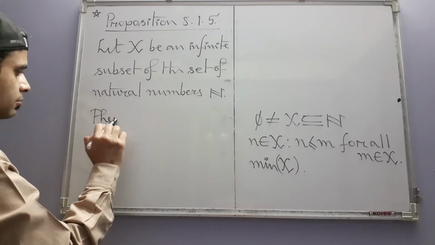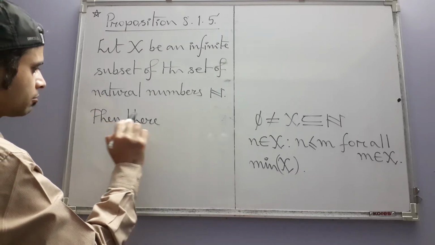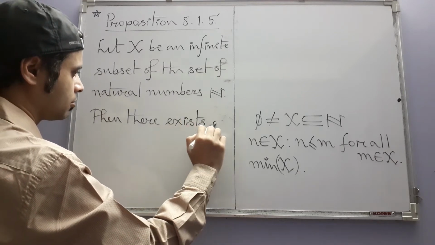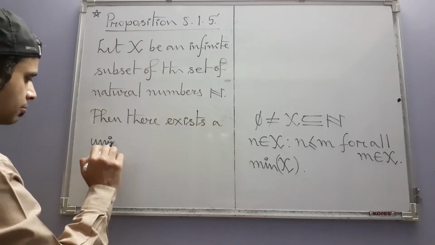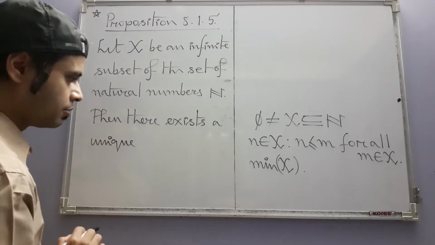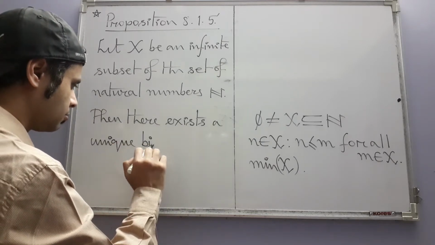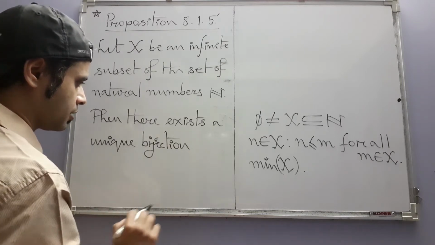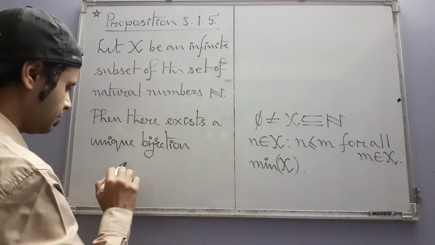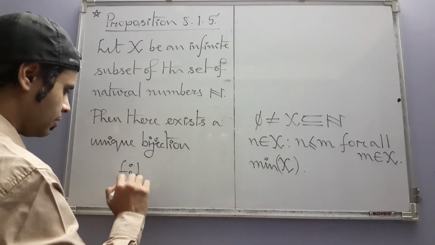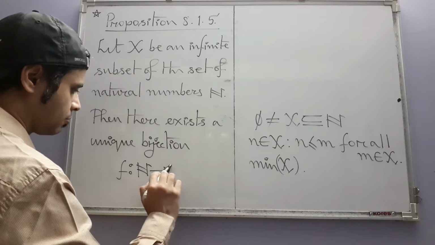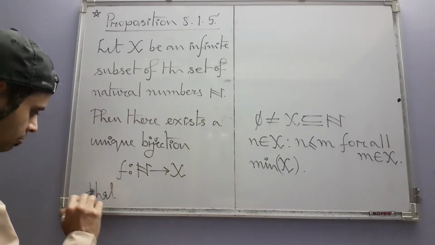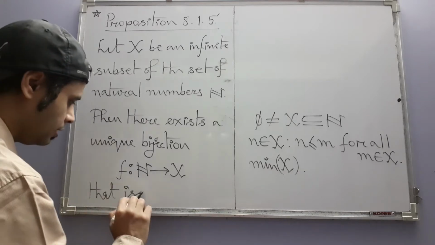Then there exists a unique function which is a bijection. That means a one-to-one onto function. Unique bijection, let me write here, f from N to X, that is increasing.